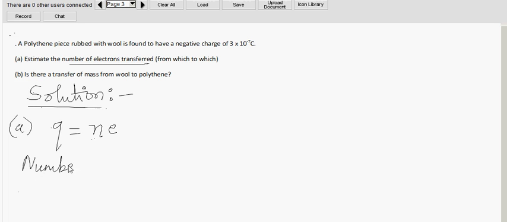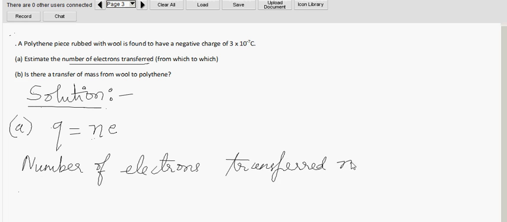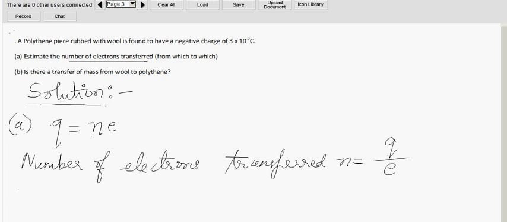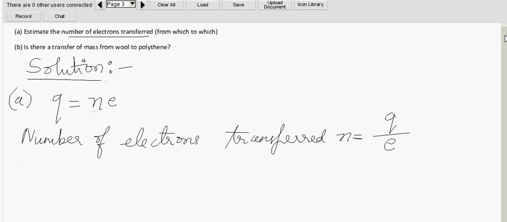Number of electrons transferred, N is equal to Q by E. Q is the total charge transferred, that is 3 into 10 to the power minus 7, and you know the value of E. Three into 10 to the power minus 7 divided by E, which is 1.6 into 10 to the power minus 19.